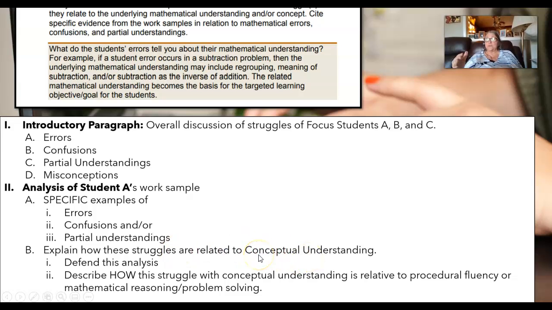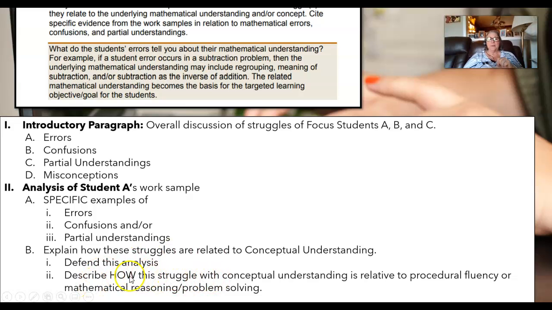And it's important to do conceptual understanding because if you look at this rubric, that's integral. And you want to defend this analysis. So why do you say that? Don't just say what concepts this is related to. Why do you say that?